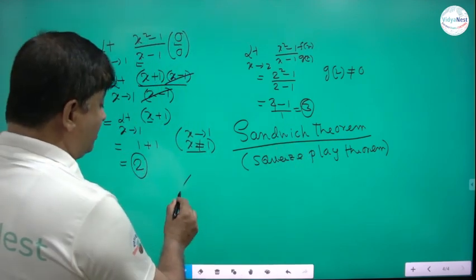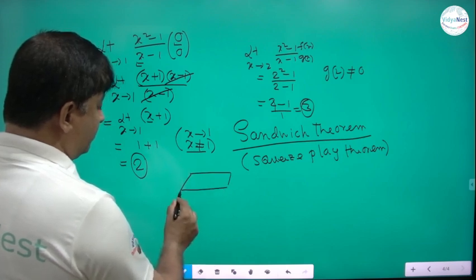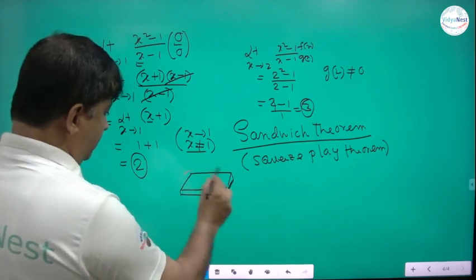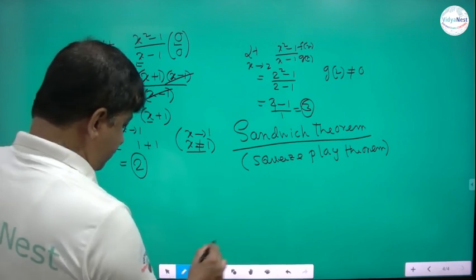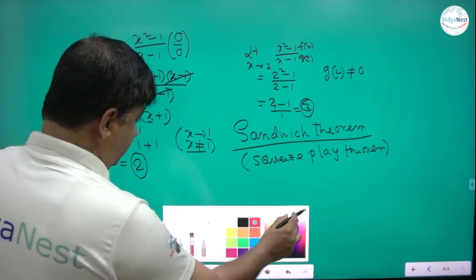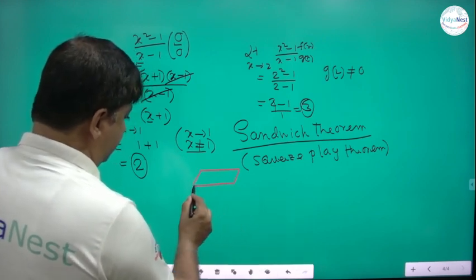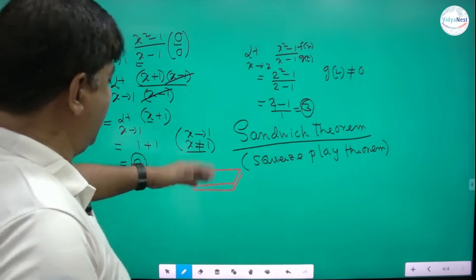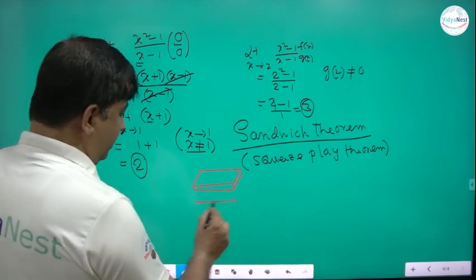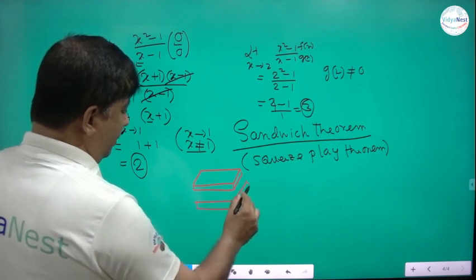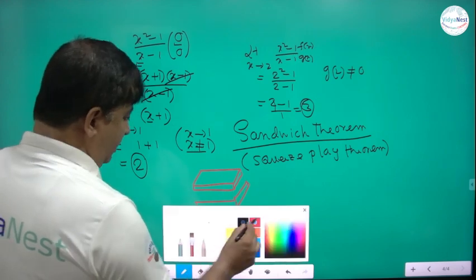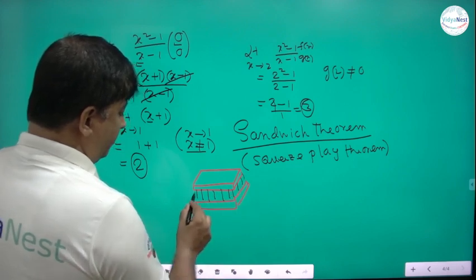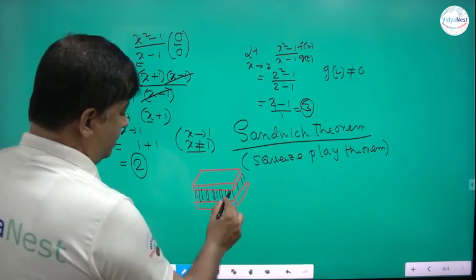See, suppose there is a bread in the uppermost layer, there is a bread in the lowermost layer, and in between the two breads there are vegetables, a veg sandwich you are having now.